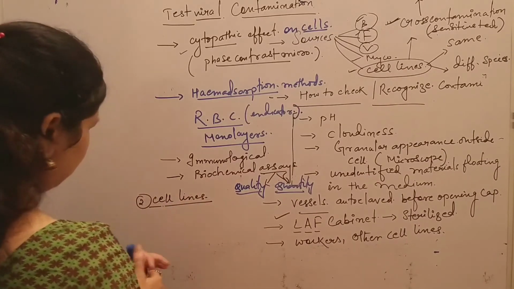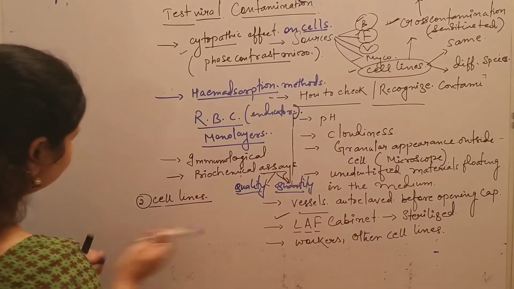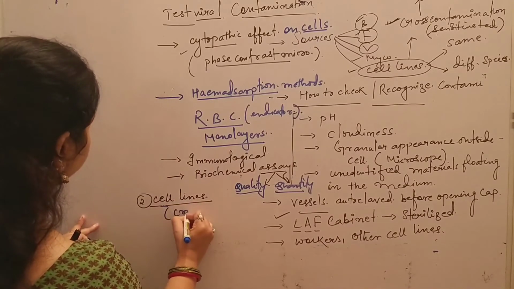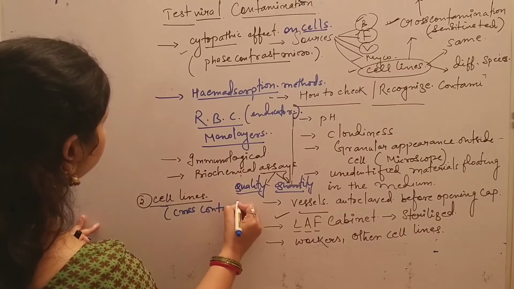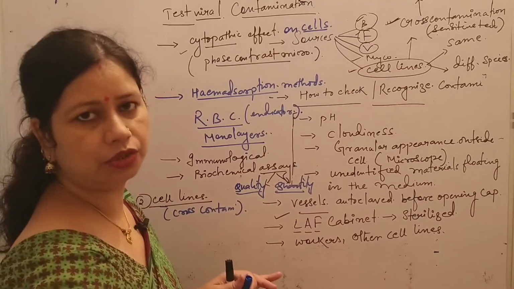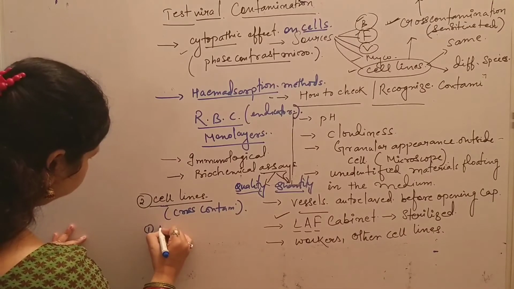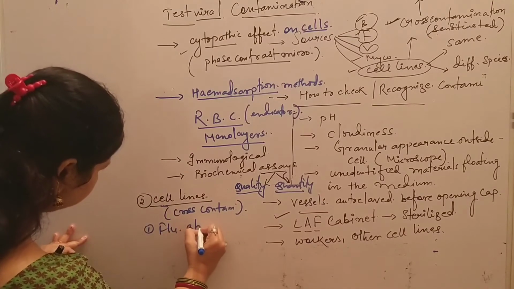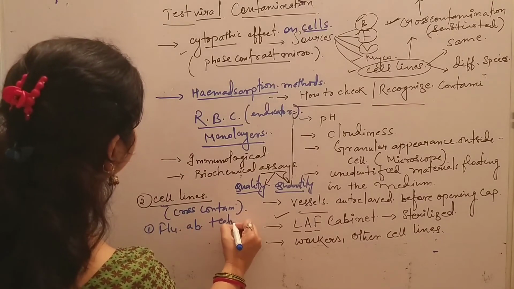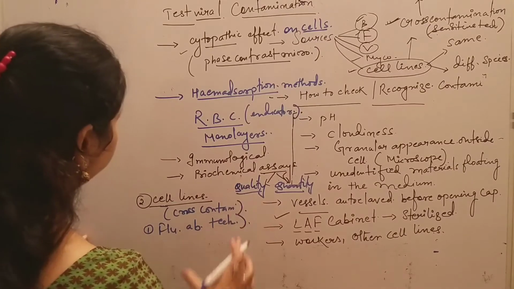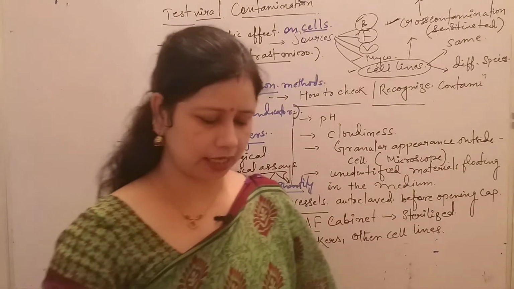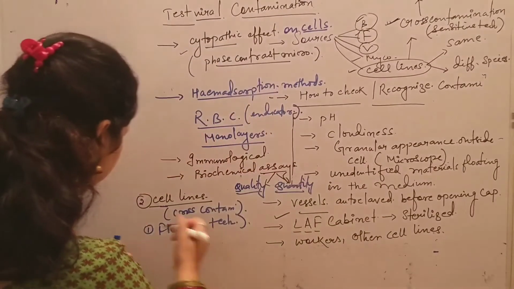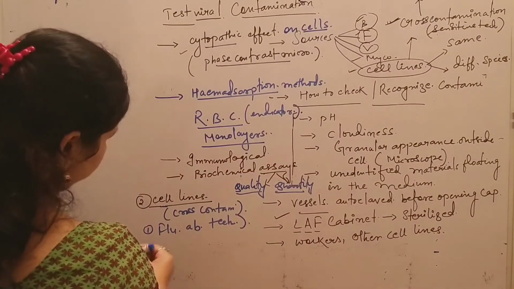Cross contamination by cell lines of different species is detected by the fluorescent antibody technique, as well as by karyotyping and isozyme analysis.